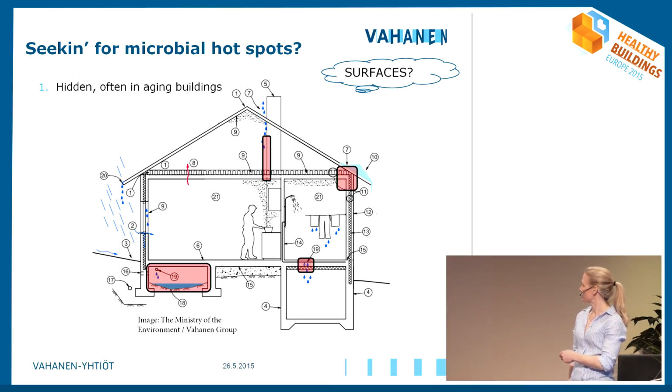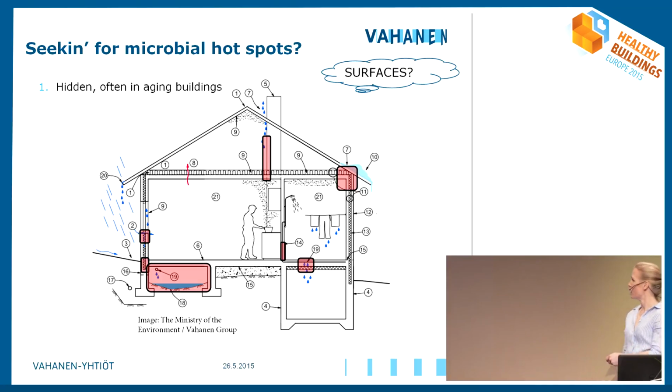Then you have leaking windows and leaking moisture barriers in the wet rooms, all kinds of sites. You may have wicking damp from the ground that creates problems in the flooring, and if there is insulation below the slab, then it's an additional very common place.